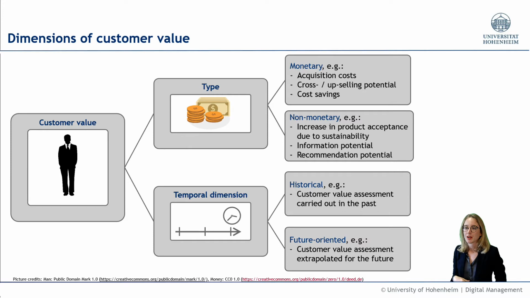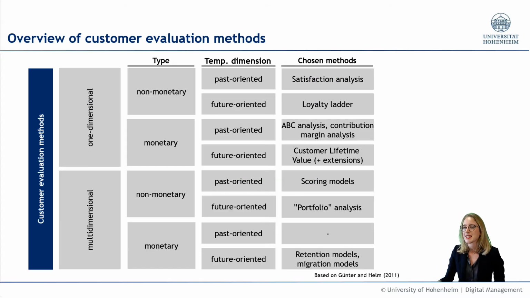So after talking about the requirements and the dimensions of customer values and methods to evaluate the customer value, I want to present an overview of evaluation methods. So first of all, we differentiate between one-dimensional and two-dimensional evaluation methods.